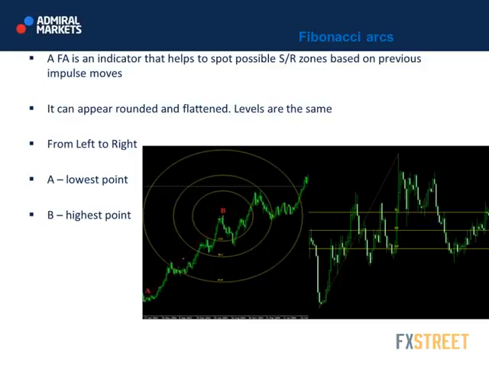So from left to right, again from left to right, A is the lowest point, B is the highest point. And you will usually see flattened lines, and they will show like this, 38.2, 61.8.